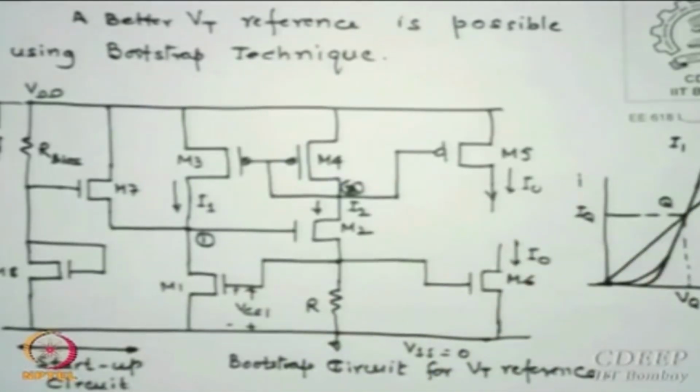You are not bothered about it continuing to hold; it will automatically switch itself off, but if because of any environmental situation it goes off, it will start to pull up again. So it is some kind of a second feedback kept there to make the output reference as constant as possible. And that is something this bootstrap circuit is famous for.